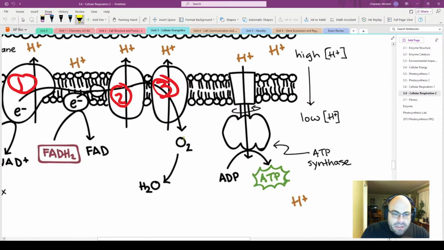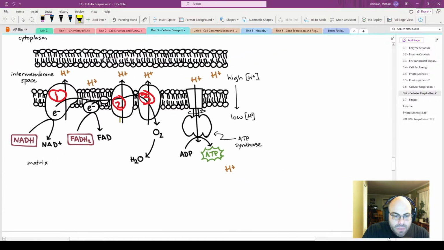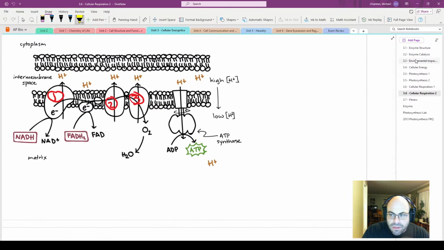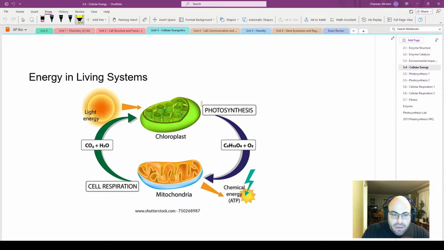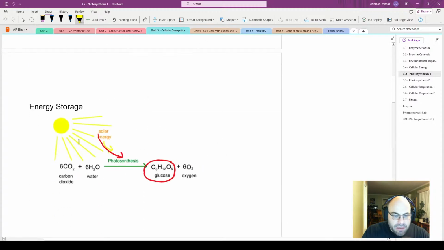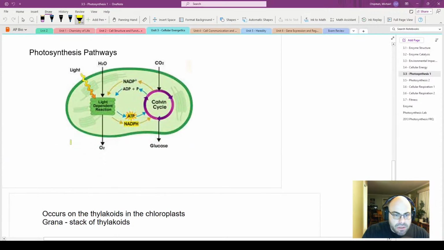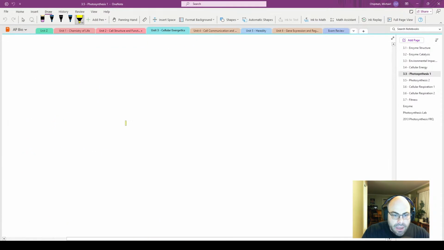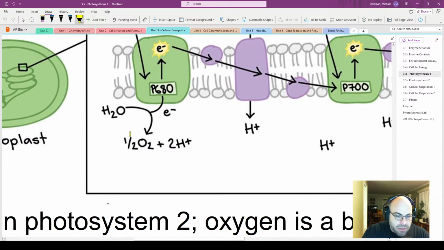One of the cool things about this, and I tell my students this all the time, is that cellular respiration and photosynthesis are like antithesis of one another, like opposites. Literally the first thing that happens in photosynthesis, look at this, isn't this crazy?